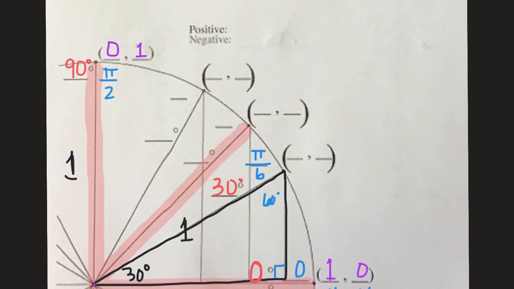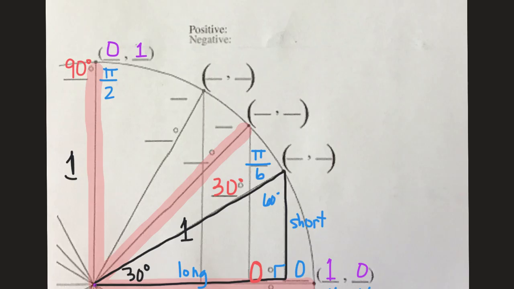With a hypotenuse of 1, that means our short leg is the y side, the vertical side. The vertical side is always your y length, and the horizontal side is your x length. So for our 30-60-90, the x is going to be the long leg.